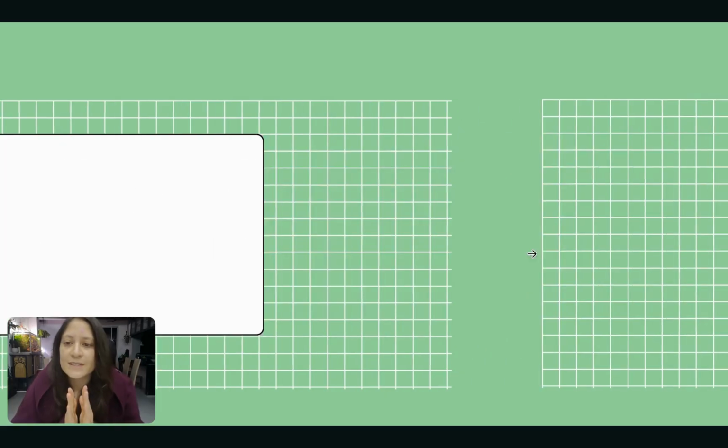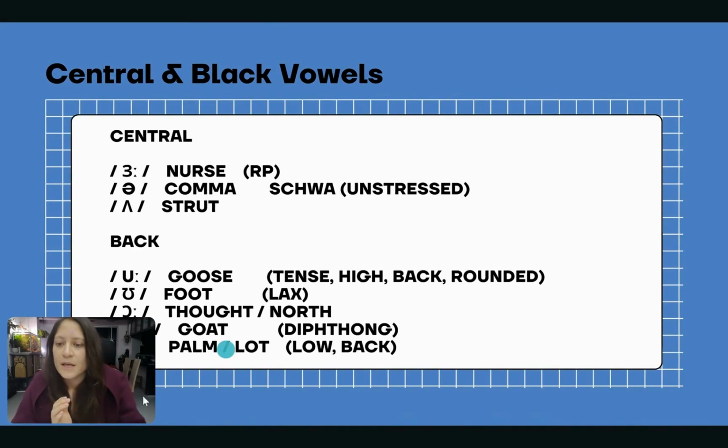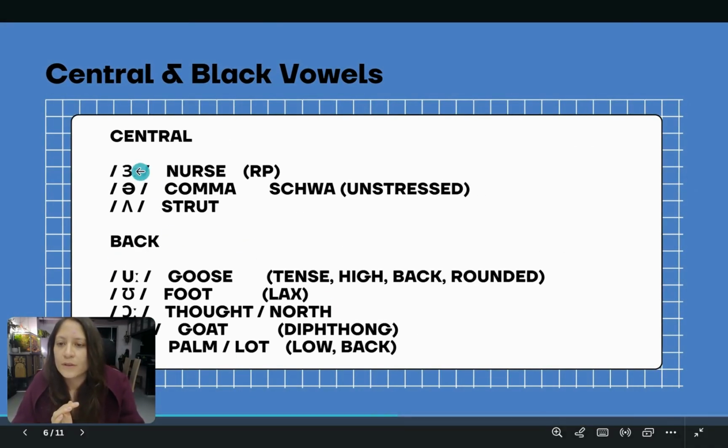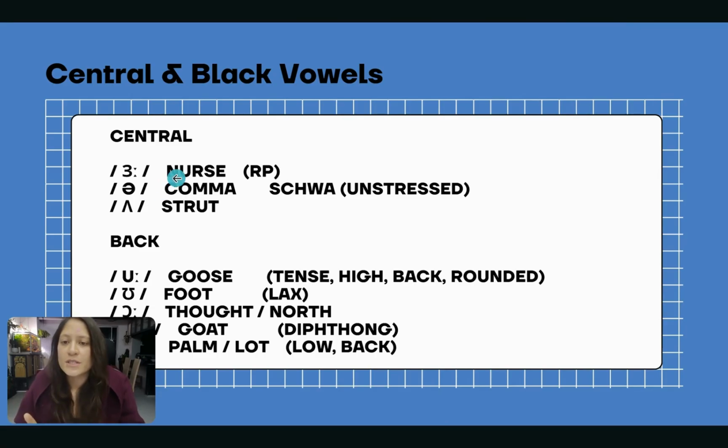Then we have the central vowels: nurse, comma, strut. Here we have this one that is unstressed. This is named schwa.